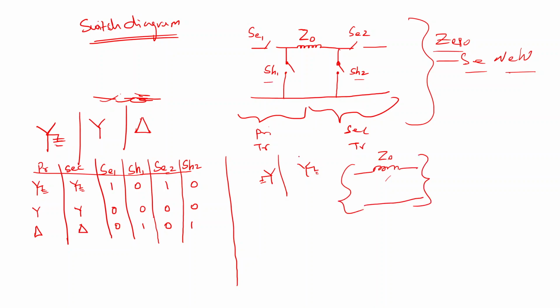If this is the condition, I will draw my zero sequence network like this.